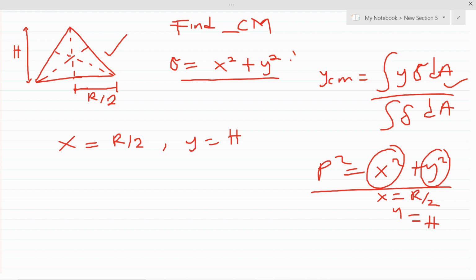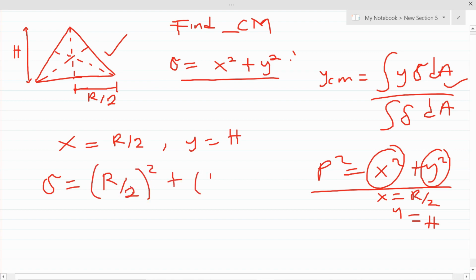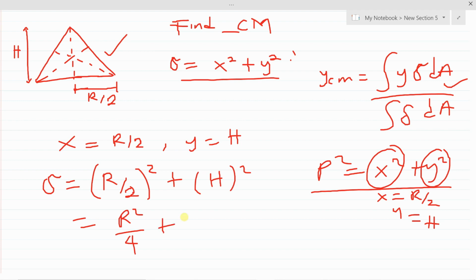So our density, which is s squared plus y squared, is actually s squared, which is (r/2) squared, plus y squared, which is h squared. This will give me r squared over 4 plus h squared. So this is our density in effect. We are done with the density. It's left with our dA, so we can quickly come and put it somewhere here.